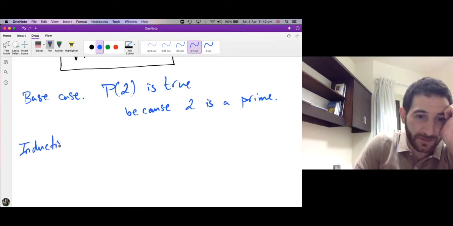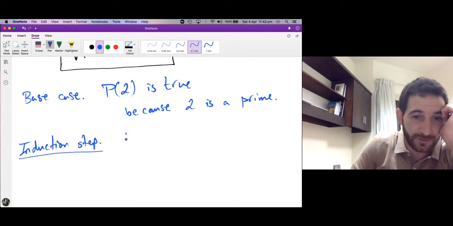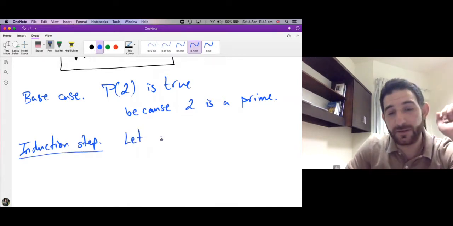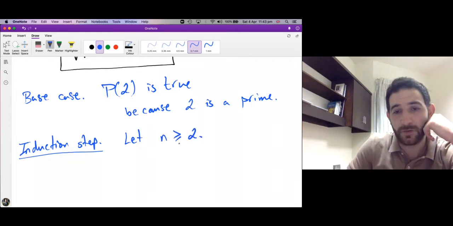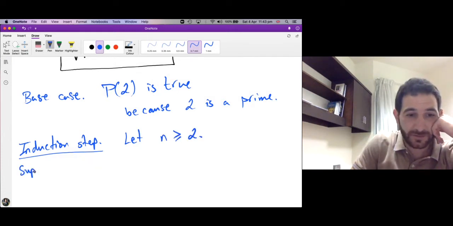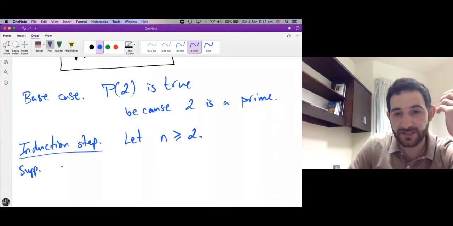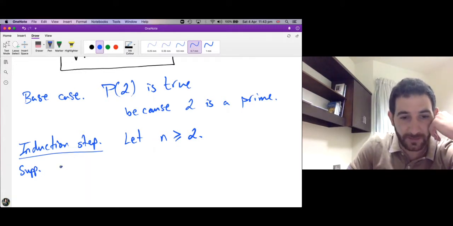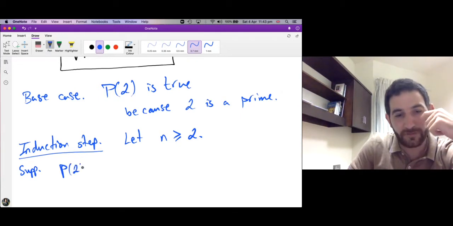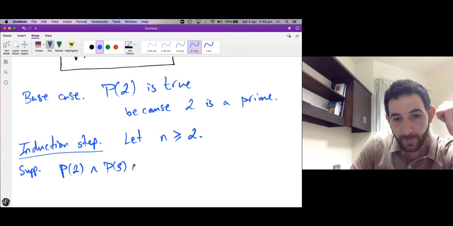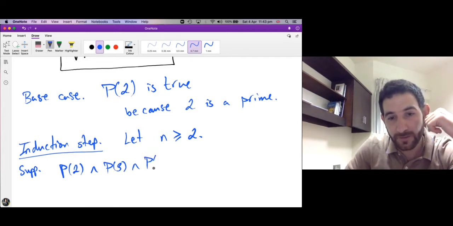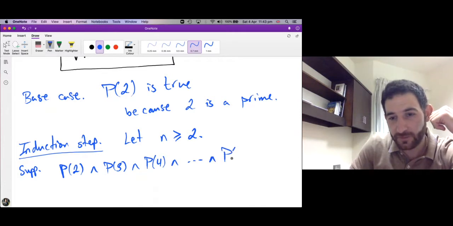The induction step. So choose any arbitrary integer n bigger than or equal to 2, say n is 10. Suppose that P of 2 is true, okay, we showed it's true, and P of 3 is true, and P of 4 is true, up to P of n is true.